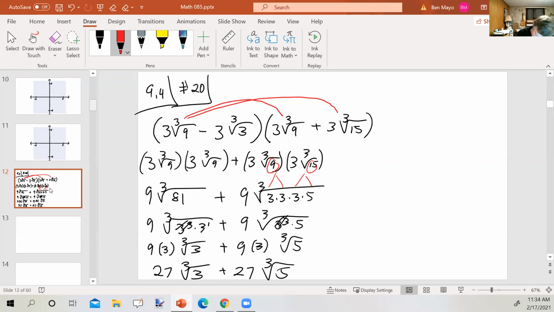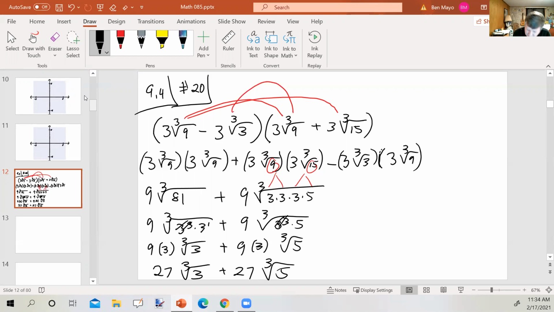All right, next we're going to do this one. So we're going to get minus 3 cube roots of 3 times 3 cube roots of 9. Oops, I wrote that incorrectly. Let me fix that. All right, times 3 cube roots of 9.